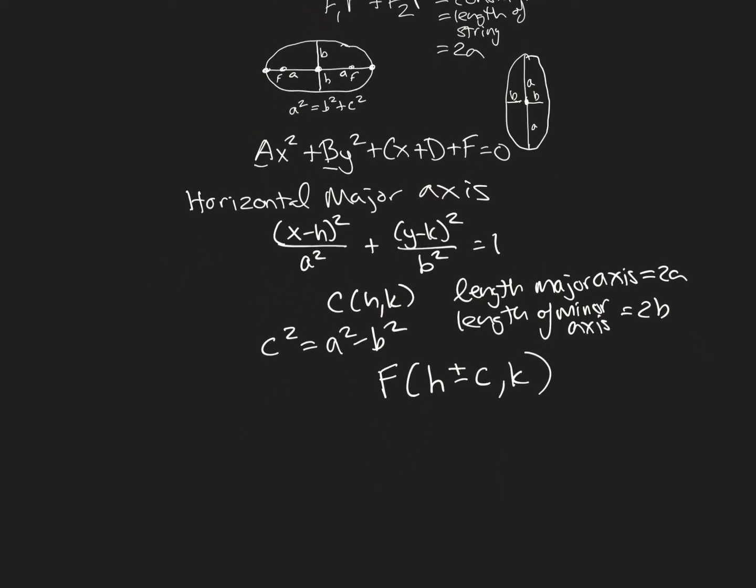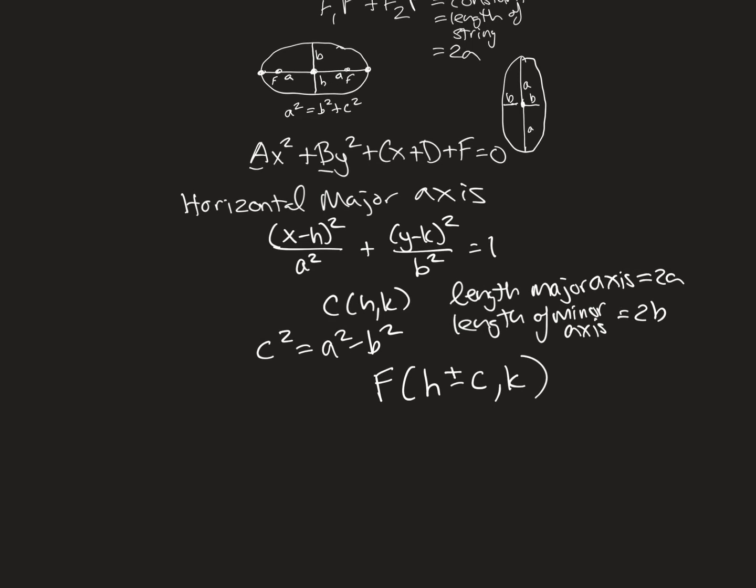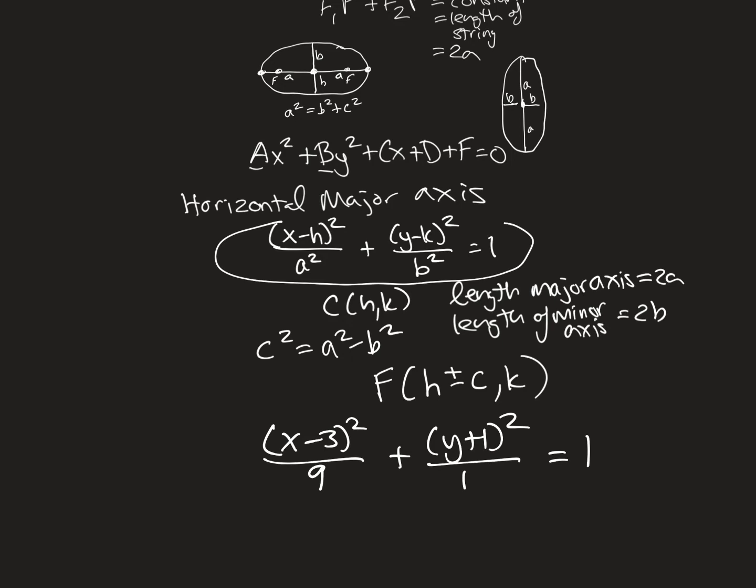How I know I have a horizontal major axis is that the bigger number will be under the x squared once I complete the square. So for example, if I have something like this, plus (y plus 1) squared, say, over 1 equals 1, it's in this form here. This tells me that because the bigger number is under the x, x is going to be the major direction in this ellipse.